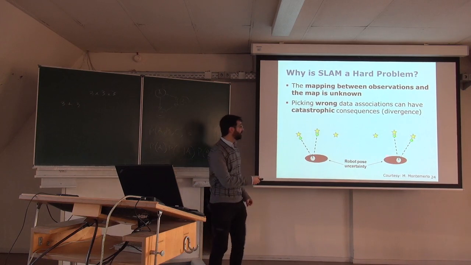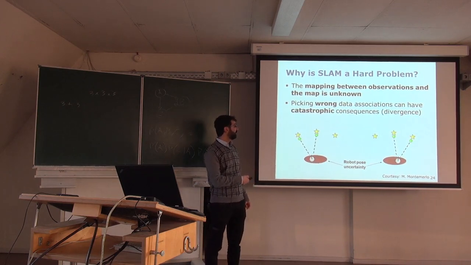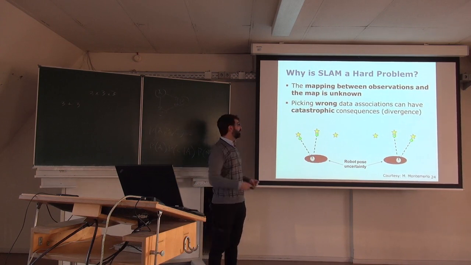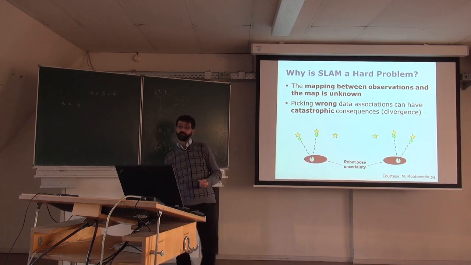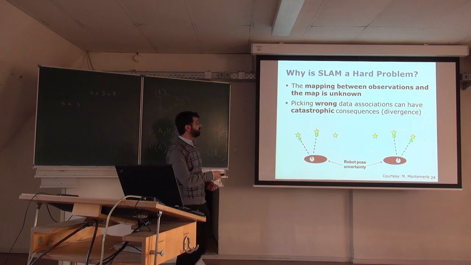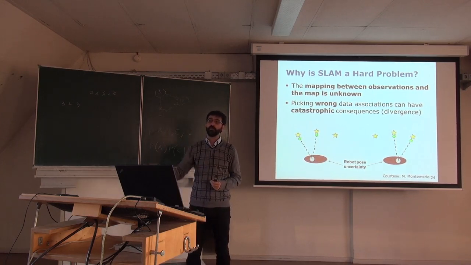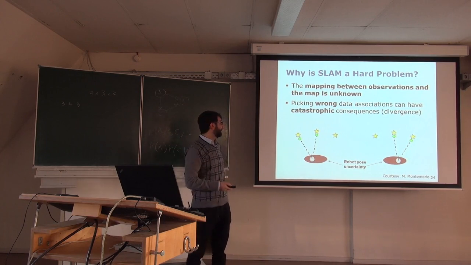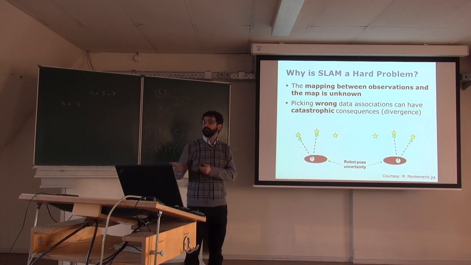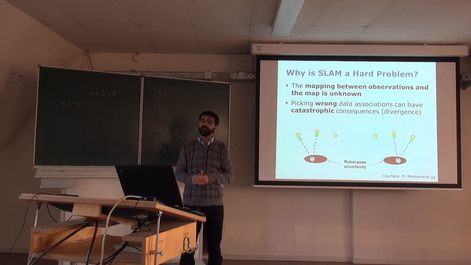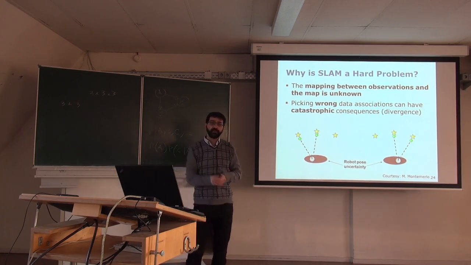And both of them are actually valid hypotheses from what it thinks it is on, but only one of them is correct. So if you make a mistake, you basically will forever be wrong on where you are. And if you instead do the correct association, then you will be forever good in where you think you are. But you can also try to do something in between so that you still keep your uncertainty. And that's a big problem.